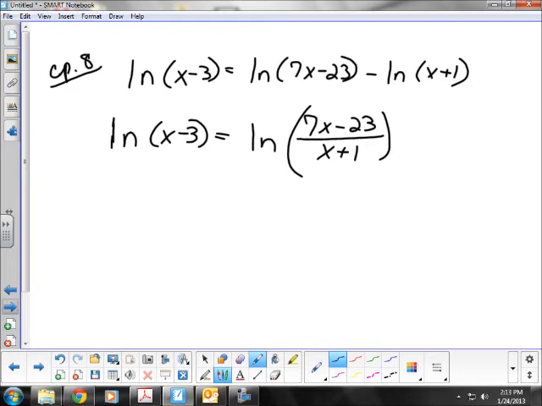That's the one-to-one property that we had that said if the ln of A is equal to the ln of B, the only way that's true is if A is equal to B. I used M and N, but what I'm saying here is if it's true that these are equal, the only way that's going to happen is if these two arguments are equal.